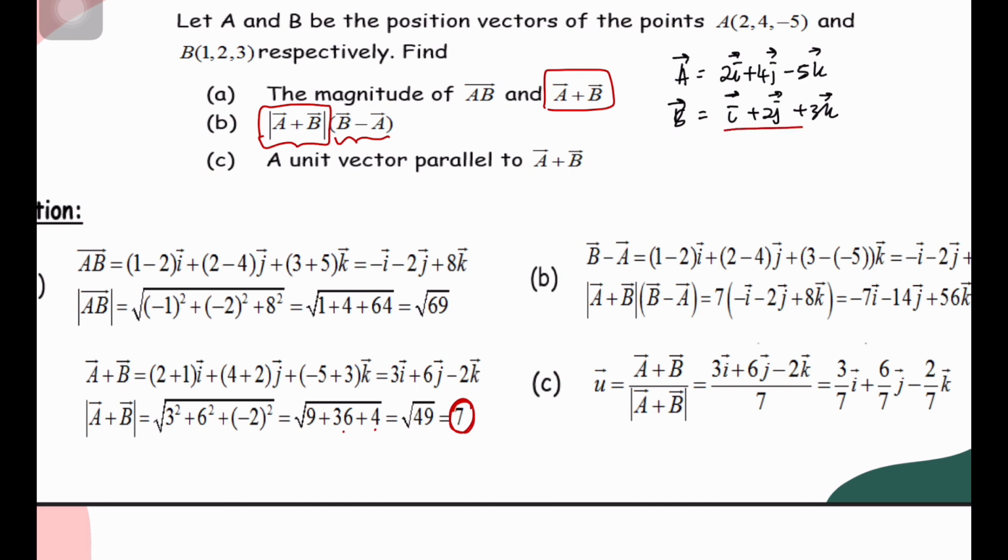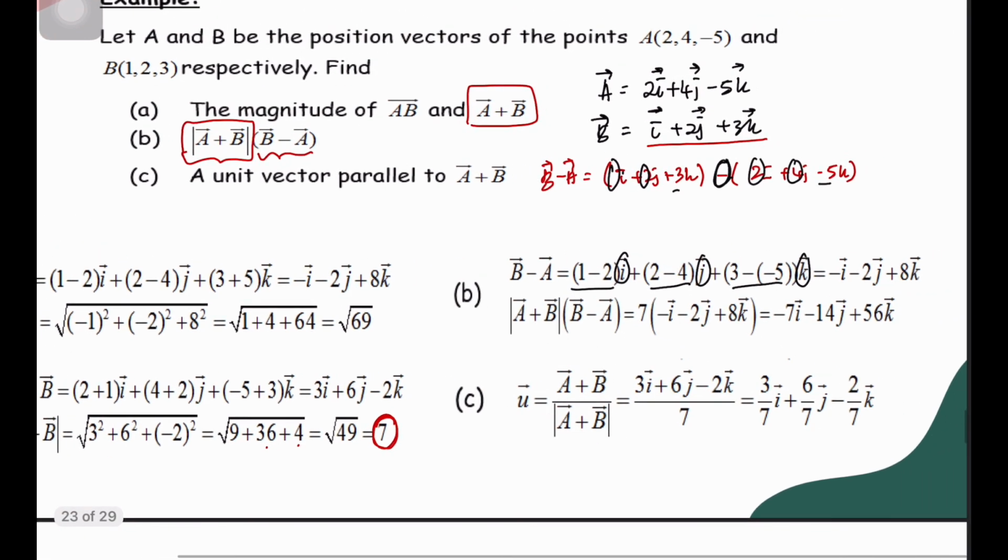So this is our B. B minus A will be i plus 2j plus 3k minus 2i plus 4j minus 5k. So you have 1 minus 2 for vector i, 2 minus 4 for vector j, and 3 minus negative 5 for vector k.